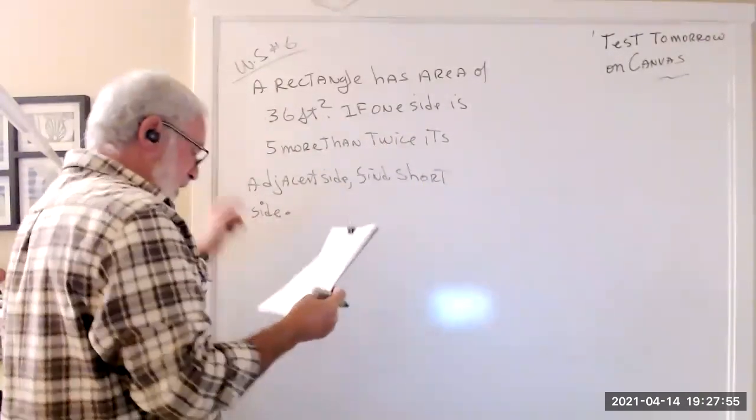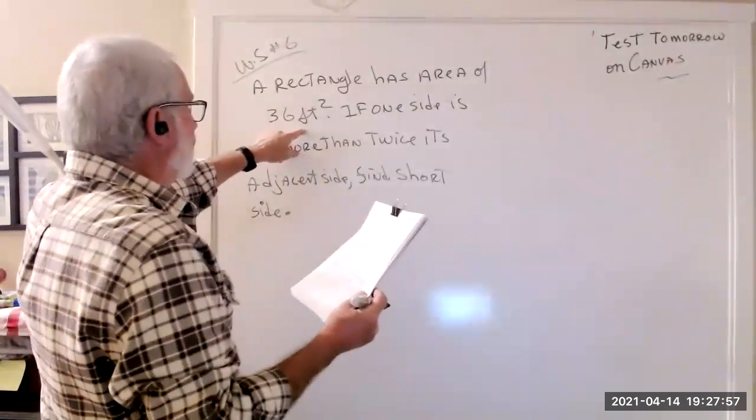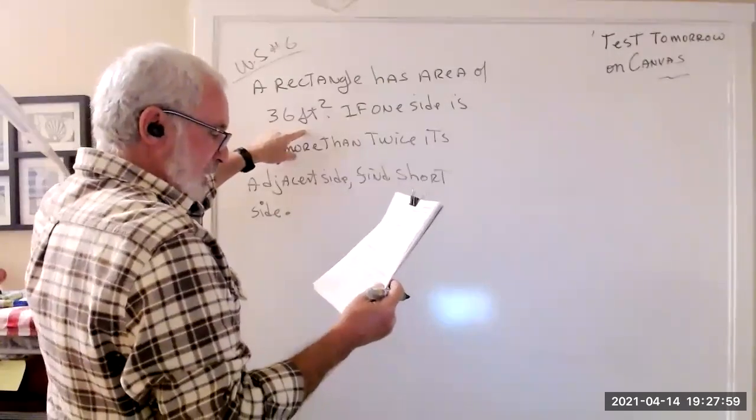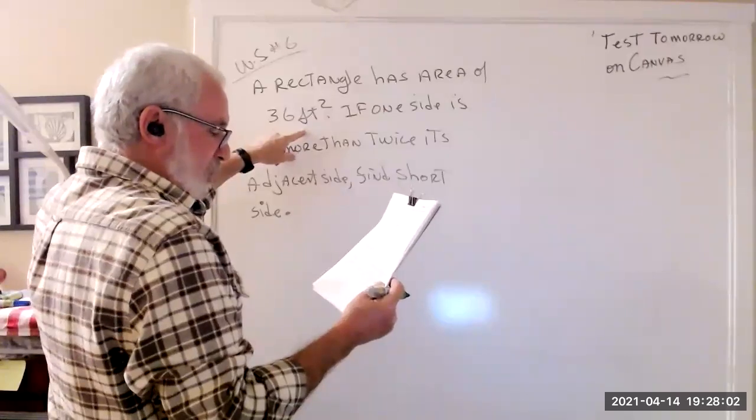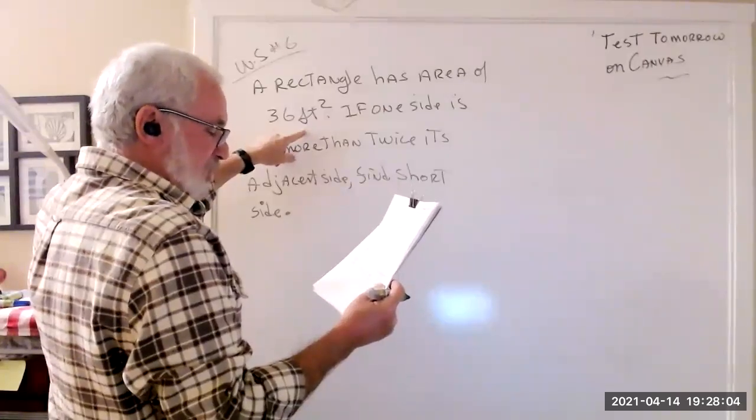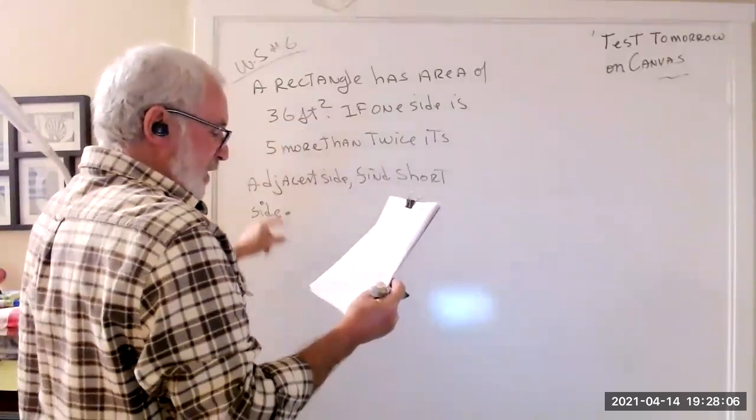Okay, rectangle has an area of 36 square feet. If one side is 5 more than twice its adjacent side, find the length of the short side.